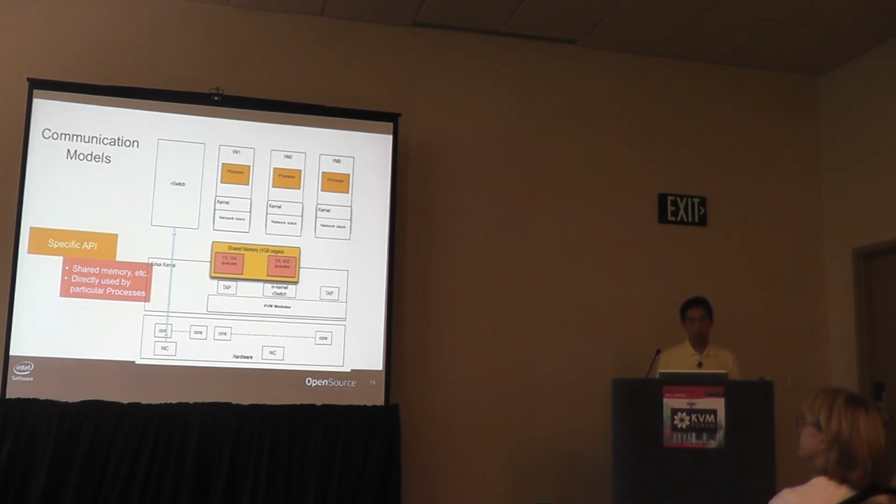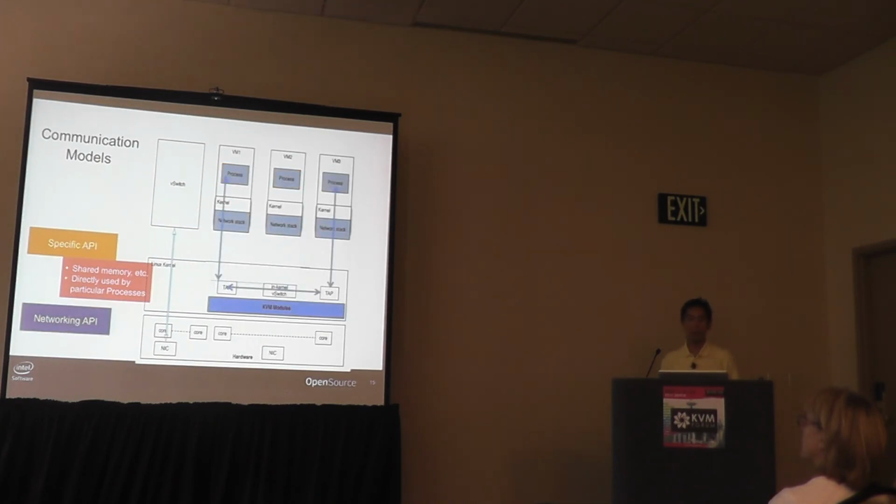Then it provides some shared memory so that the processes can talk to the switch to receive or send packets. So packets go like this, when I replay. When packets are sent from VM1 to VM2, they go to this switch and like this. That's when you use a specific API such as DPDK.